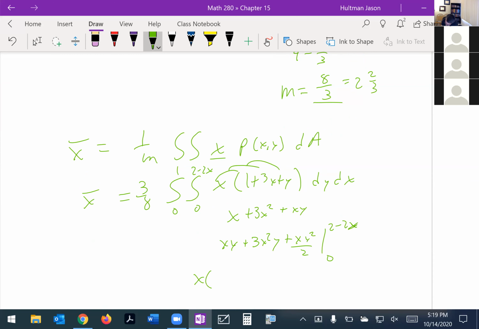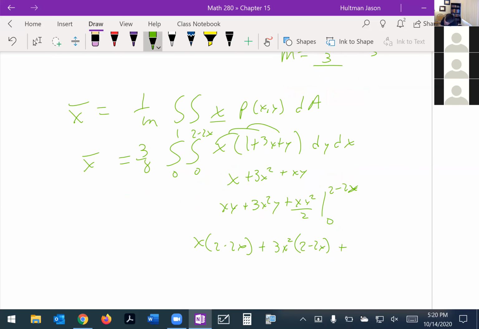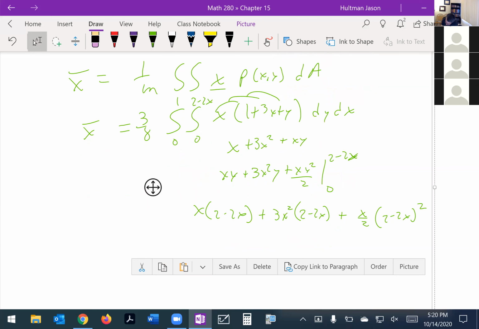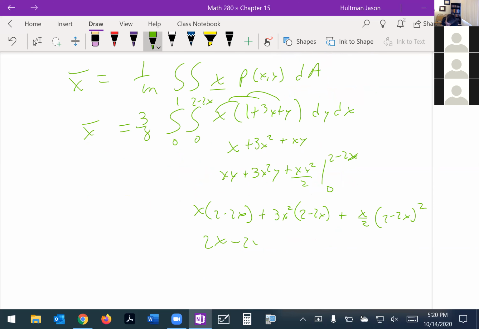So this becomes x times 2 minus 2x plus 3x squared times 2 minus 2x plus x over 2 times 2 minus 2x squared. So this becomes 2x minus 2x squared plus 6x squared minus 6x cubed plus x over 2 times 4 minus 8x plus 4x squared.